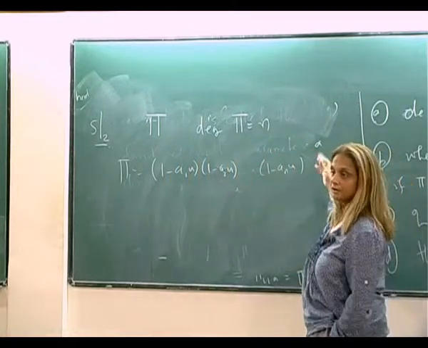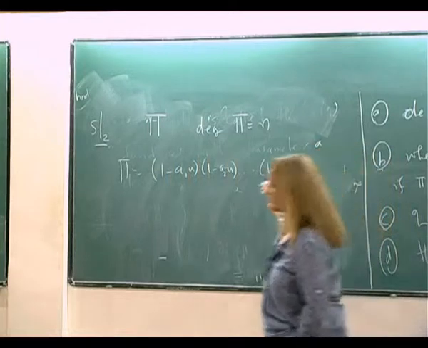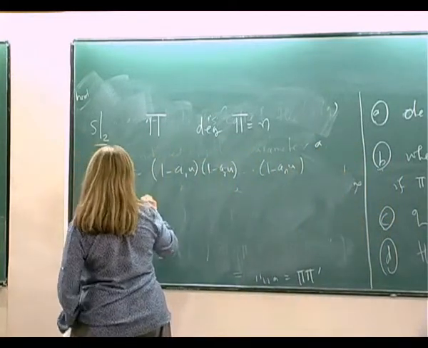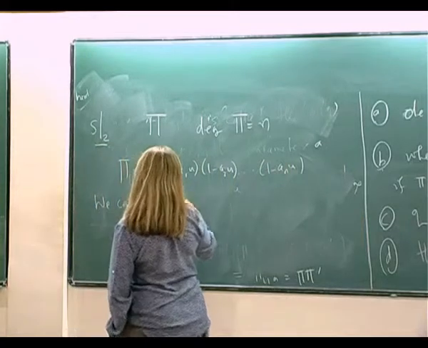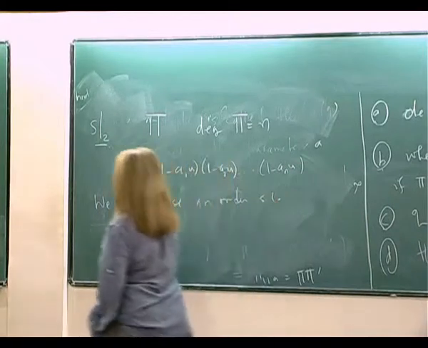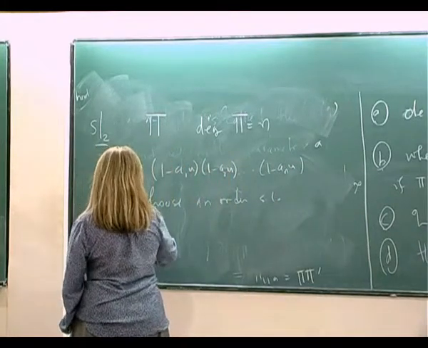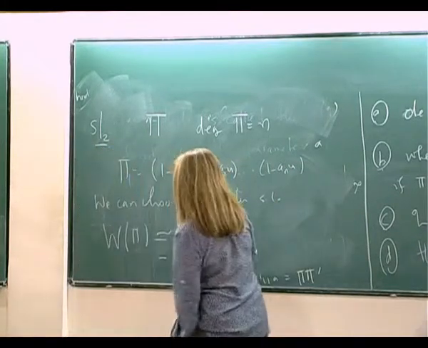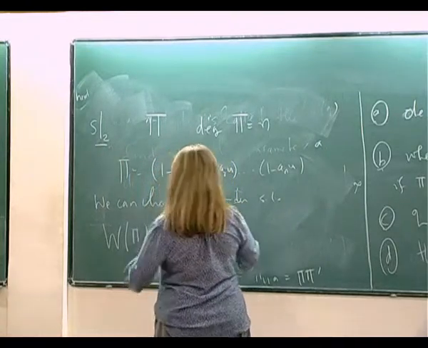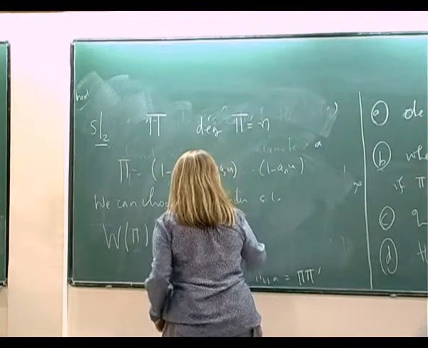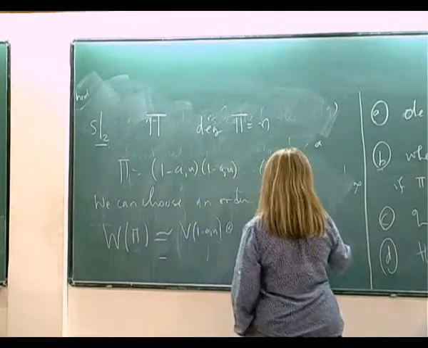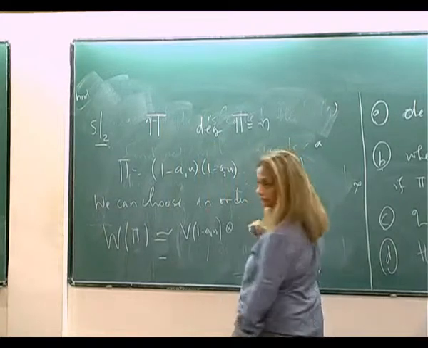What does this theorem tell me? I can choose an order on a1, a2, ..., an, and let's assume I've chosen it, such that W pi is isomorphic to V(1 minus a1 u) tensor ... tensor V(1 minus an u).